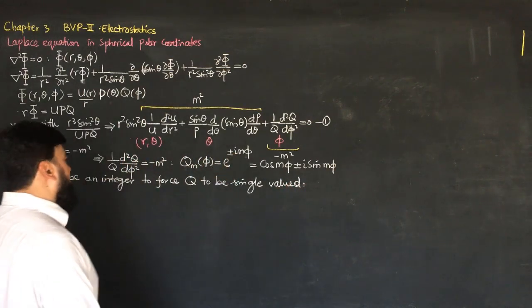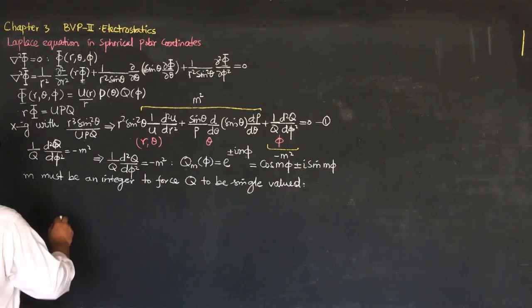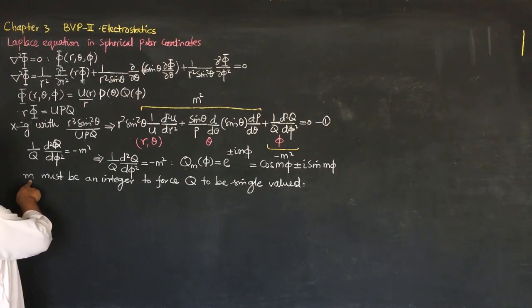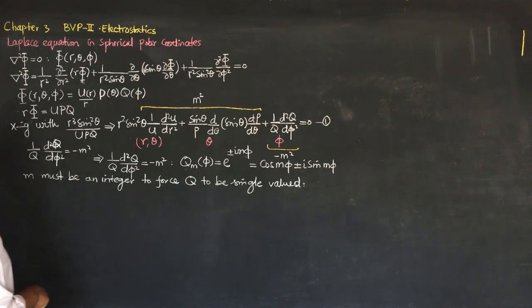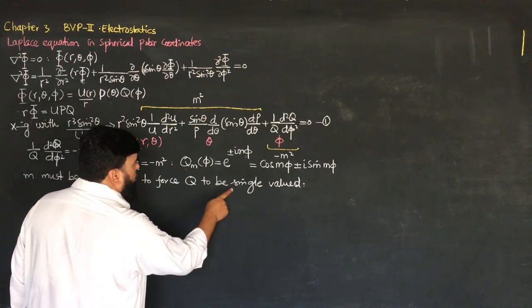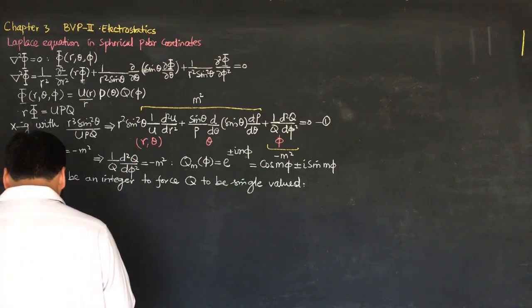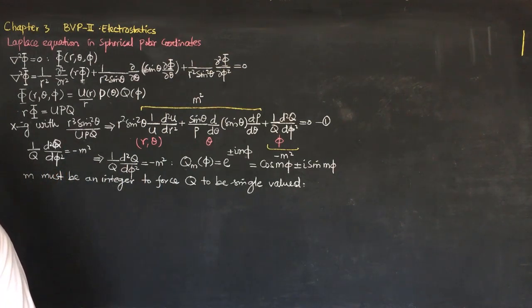Now let me explain this a bit, what is meant by this. m is a constant. Now this constant should be an integer, not non-integer. So why is this to be an integer in order for q to be a single valued function? Let me elaborate a little bit.